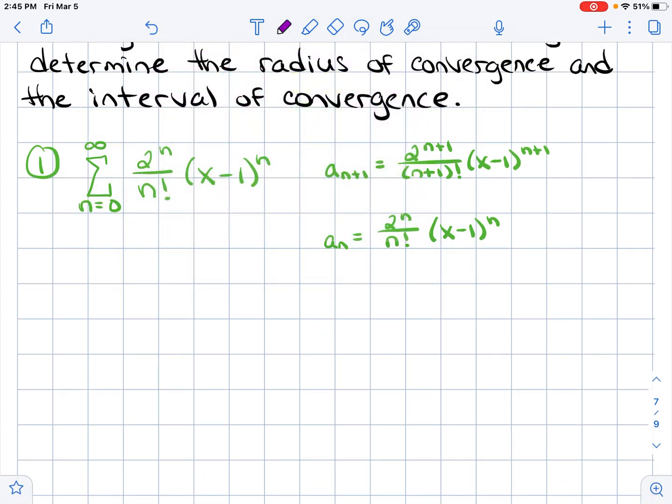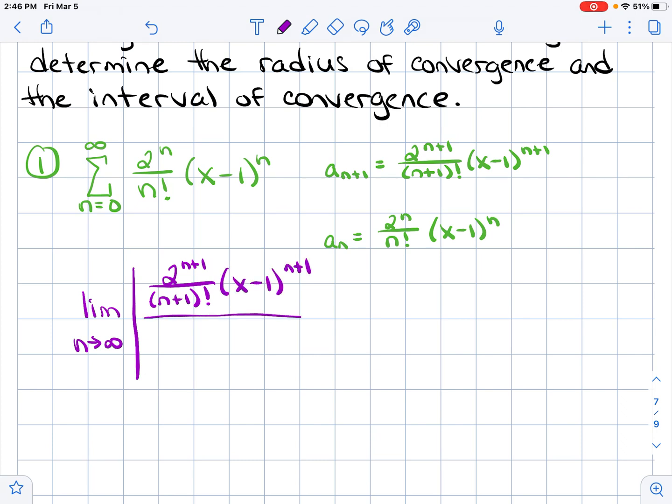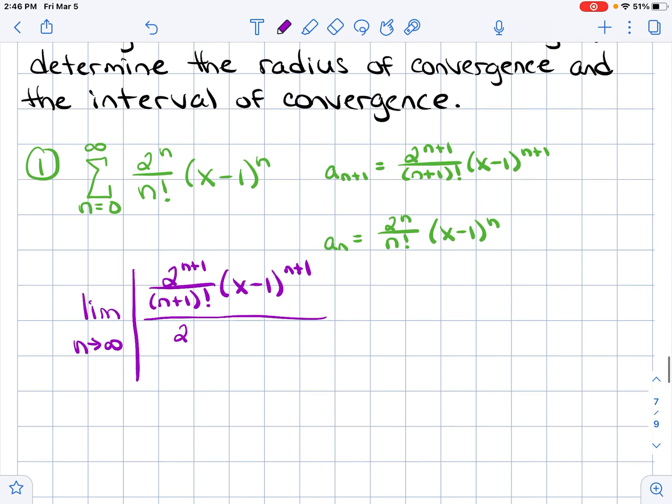In order to determine if this will converge or what this will converge to, we need to find the limit as n approaches infinity of the next term divided by the previous term.